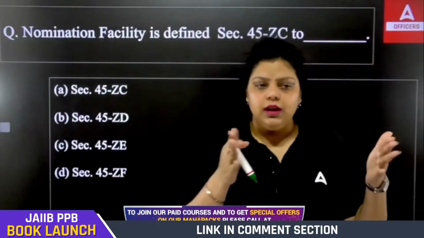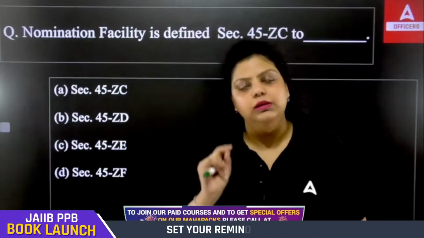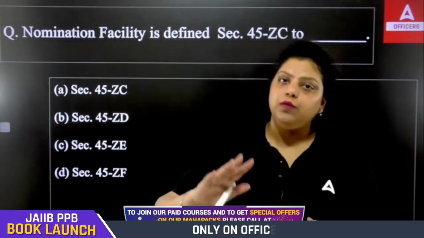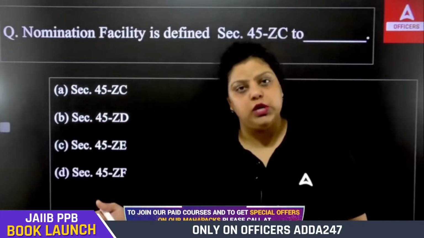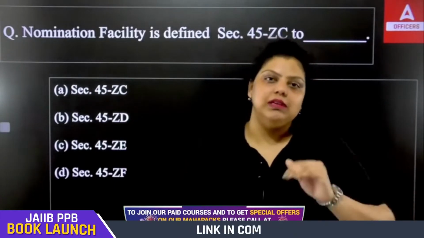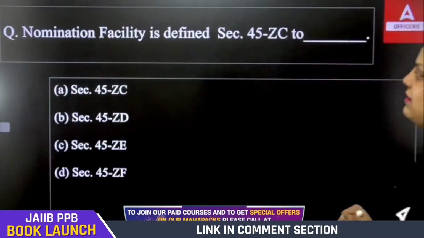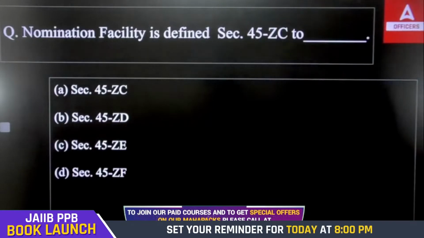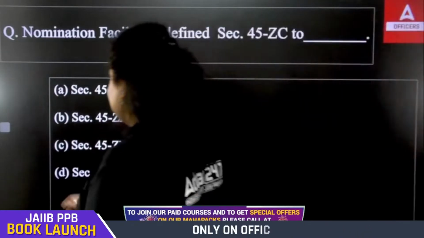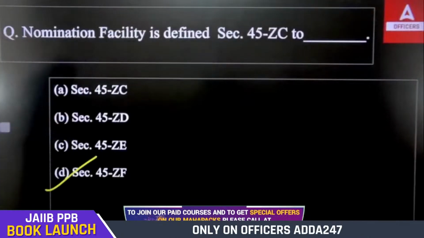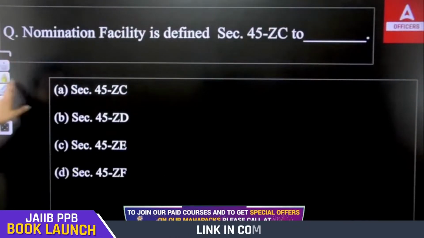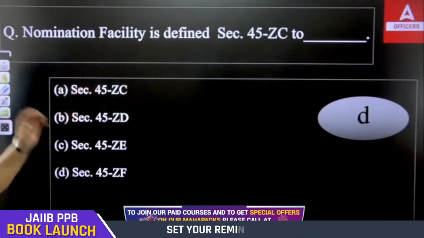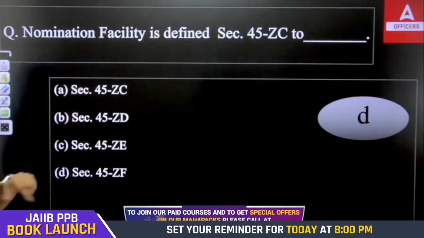If you have, for example, a single account, then also the condition will be different. In case of either or survivor, anyone or survivor, or former or survivor, in each situation the nomination facility will be different. The question is asking in which particular section it is defined. It is defined between section 45ZC and section 45ZF. From 45ZC to 45ZF we talk about the nomination facility because there are so many conditions to make a person a nominee in different types of accounts.